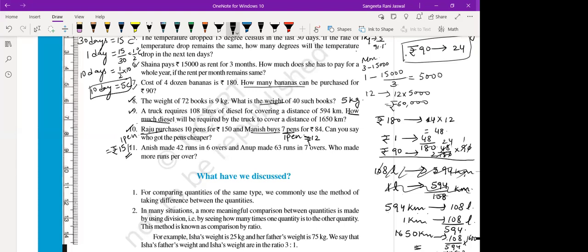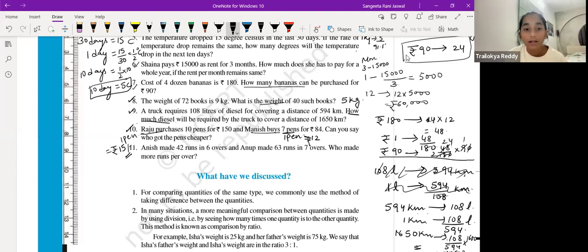So in this case, what will you do? Tell me, Trilokya. First you'll find how many runs each of them made per over. Then whoever made more runs per over will be the answer.